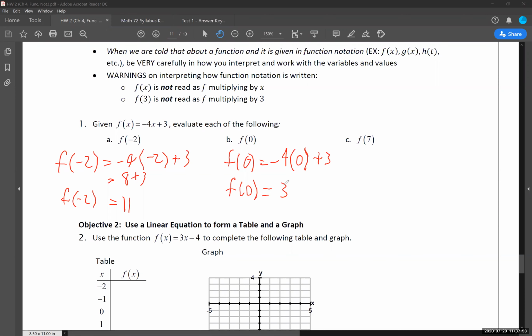So again, keeping track for ourselves of what our input value is and what our output value is.